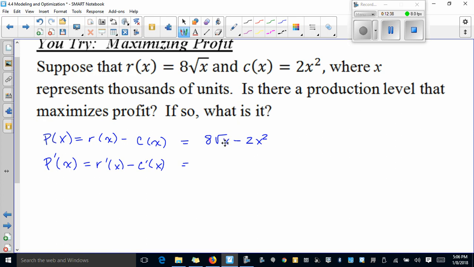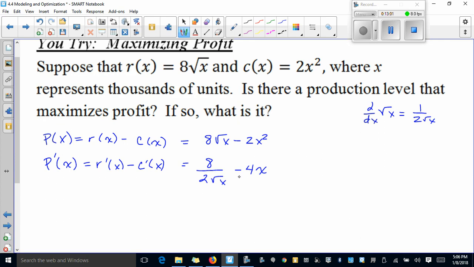And to be able to maximize this, we want it to be 0 because we want them to be exactly the same. So I'm going to clean this up. 8 over 2 is 4, so I get 4 over square root of x minus 4x has to equal 0. And don't forget our critical points. Now on the other problem, we had to work for that critical point.